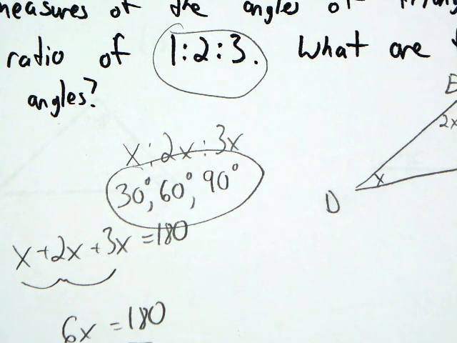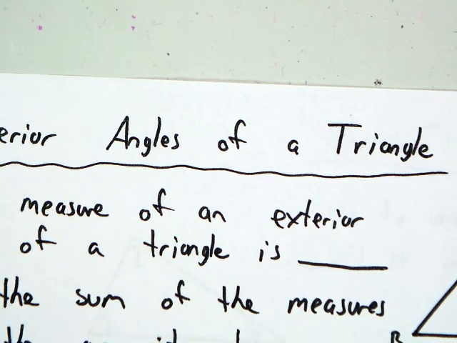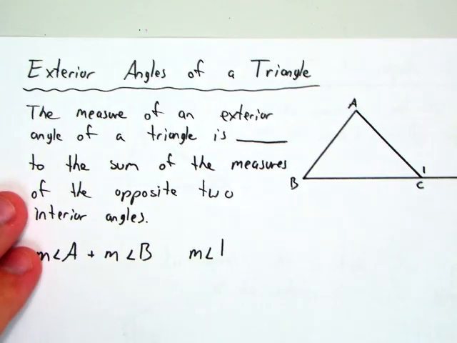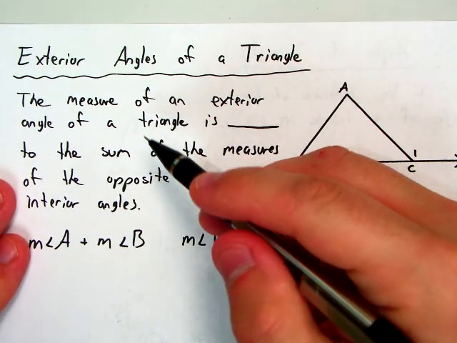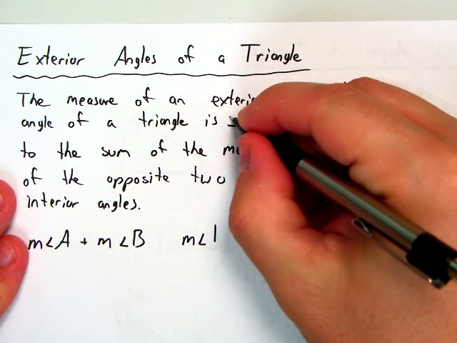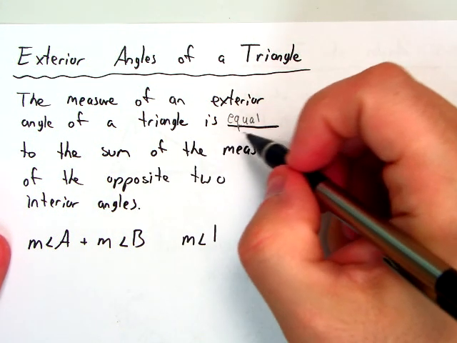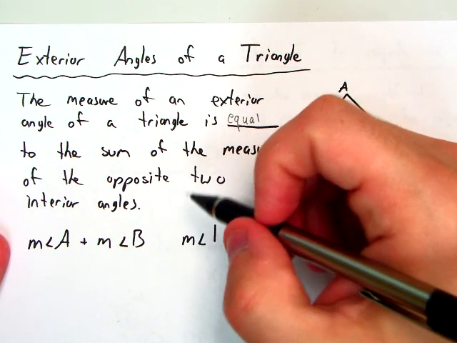Alright, so that's looking at interior angles. Let's look now at exterior angles. So there's a nice little rule here that says the measure of an exterior angle of a triangle is equal to the sum of the measurements of the opposite two interior angles.